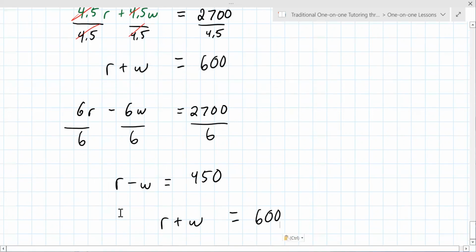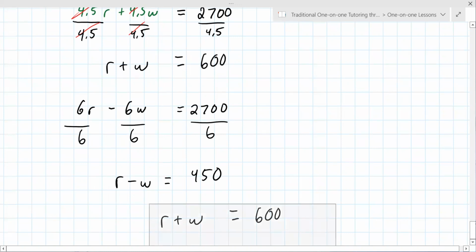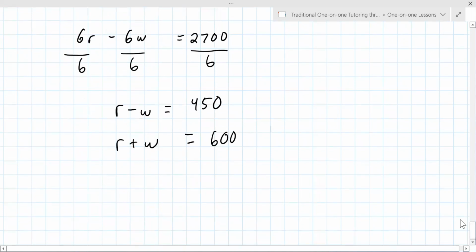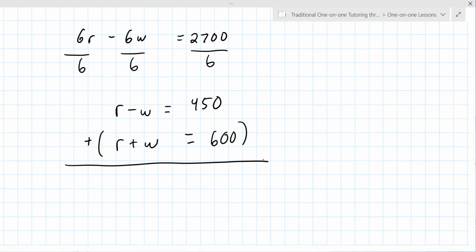So now you put your equations on top of each other. The order doesn't matter now. It is elimination, but notice you can just add them together. And what cancels when you add them together? The W. Yes.